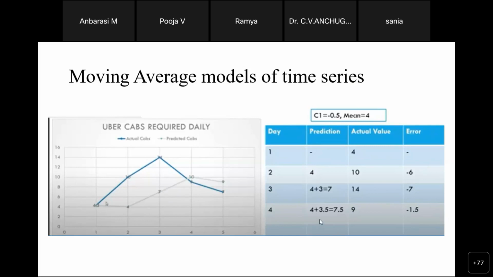Even for day 4, in the same way it is going to be calculated: mean value plus the constant value multiplied with the error value, and then if you add it, you will get some value. That is the predicted value. When you observe this value, it is also closely related to the actual value.